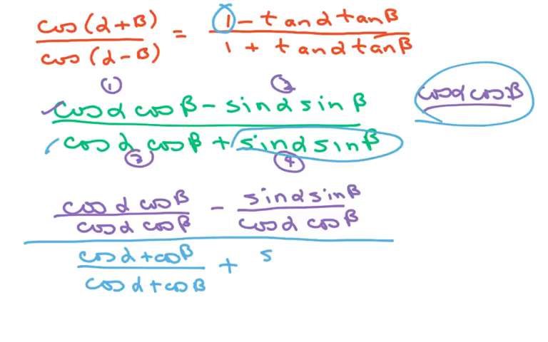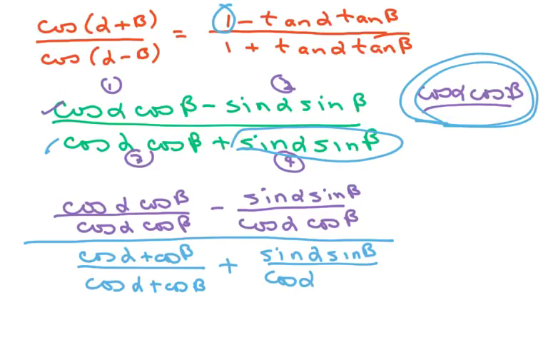We have sine of alpha, sine of beta, over, copy this thing down again, cosine of alpha, cosine of beta. And I made a mistake here. This should be times. So this is cosine of beta. And there's no plus here. All right. Cosine of beta. Need to write these down.